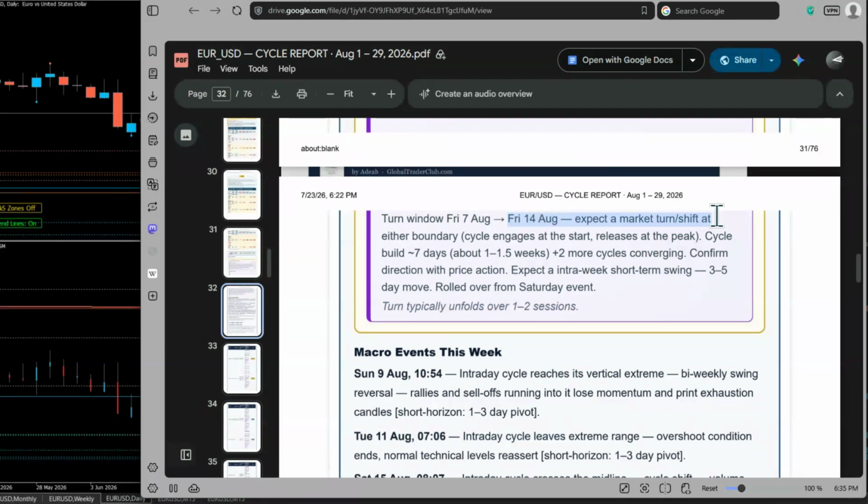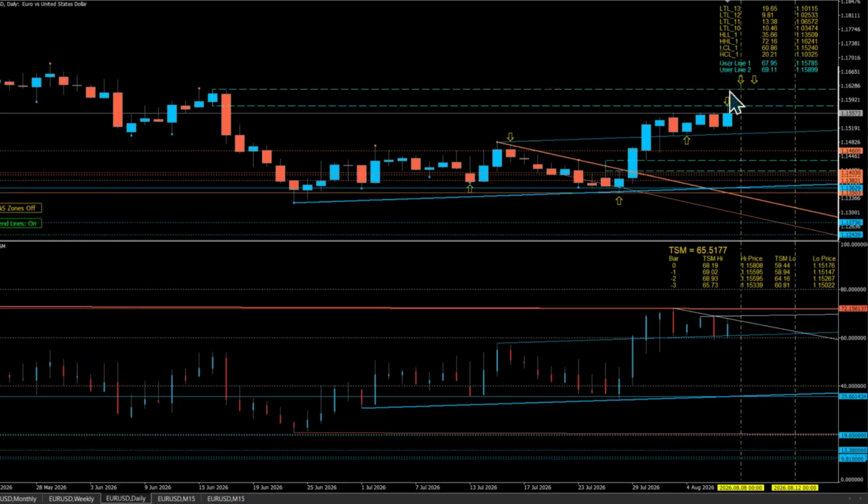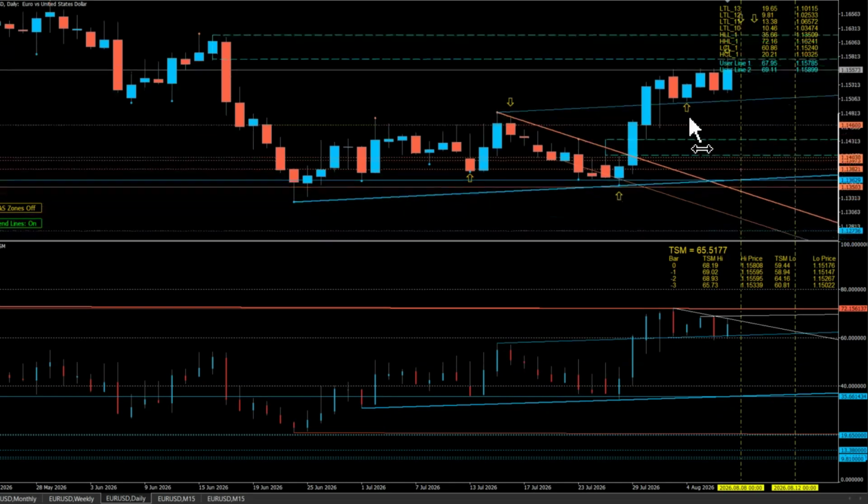Expect a market turn or shift at either boundary. If on Monday the market mucks around here, because this is a place they sold heavy, we can sell off on a Tuesday as well, so you don't have to rush. If the market decides to push down, we should come back into a lower level again, right?